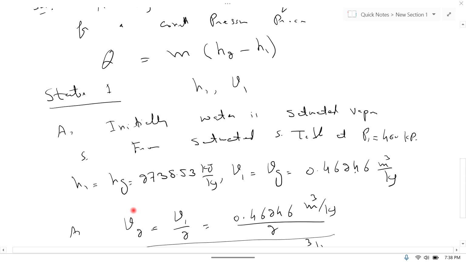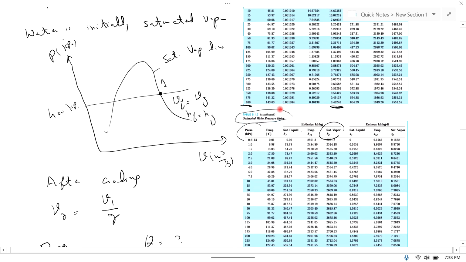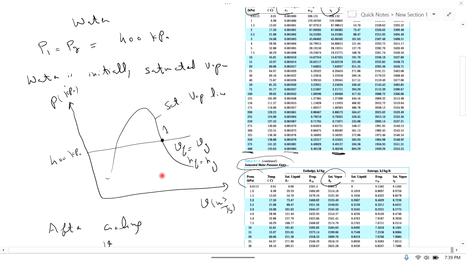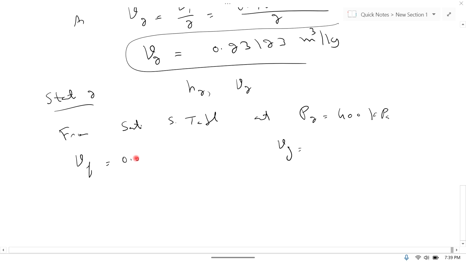At 400 kilopascal, Vf is 0.001084 meter cube per kg, and Vg is 0.46246 meter cube per kg.